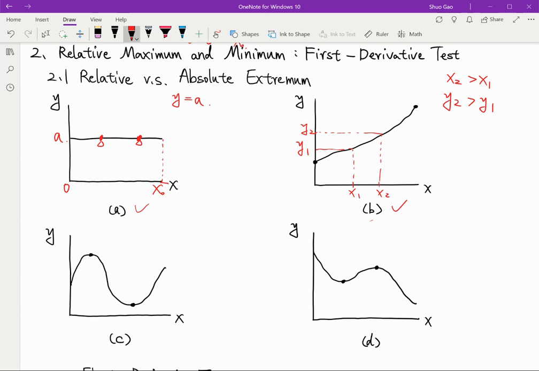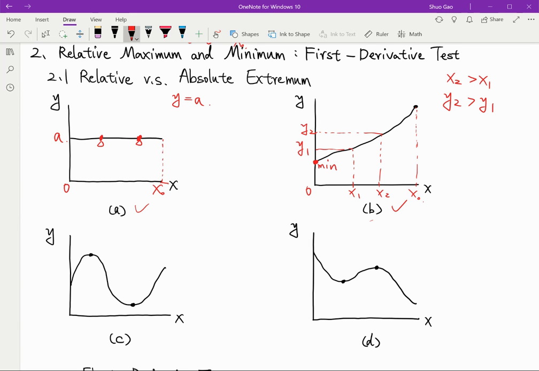For a function like this, again, we have a domain from 0 to x0, right? It's very easy to see that when x equals 0, this point is the minimum.